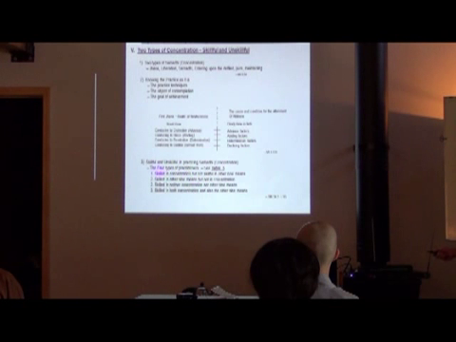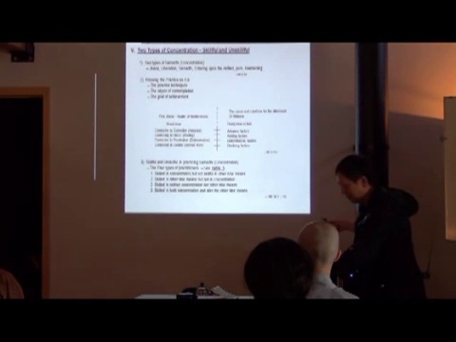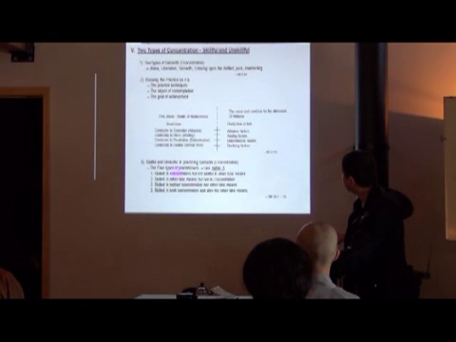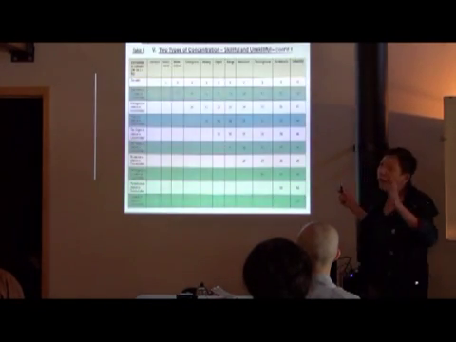Some of them are skilled in concentration, but not skilled in other areas. So if we go back, there are different skillful means. Where are they? Oh, there we are.